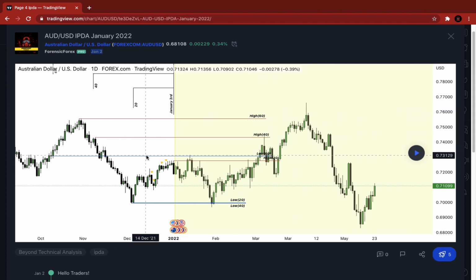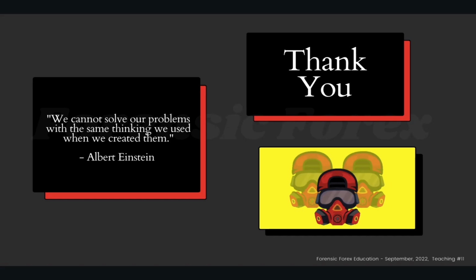So those unbroken highs is where the buy side liquidity was most obvious for price to draw and reach into. So it's not random. If the markets were truly random, it wouldn't have specifically ran to this high and this high here. That brings me to the end of this lesson.